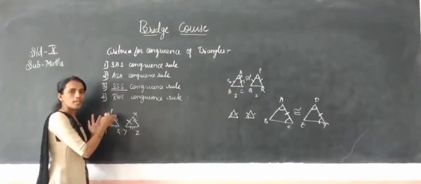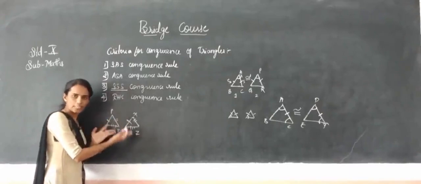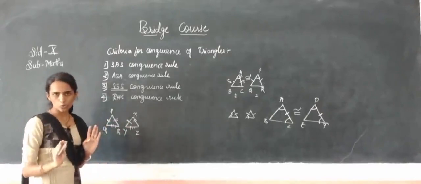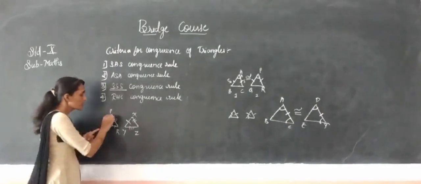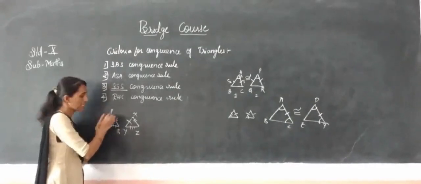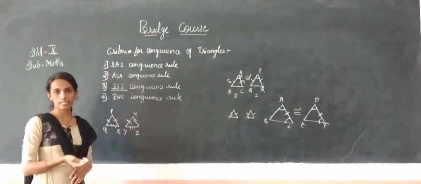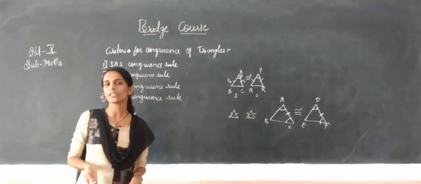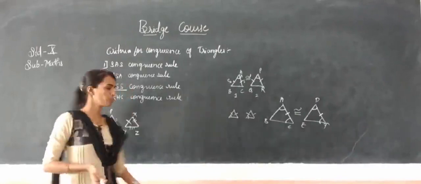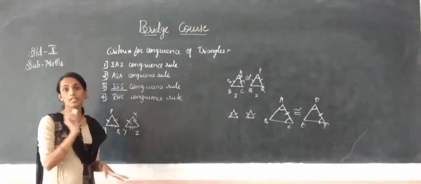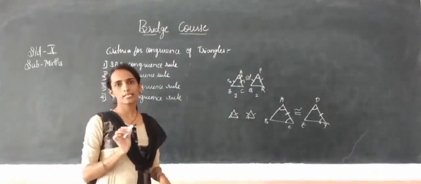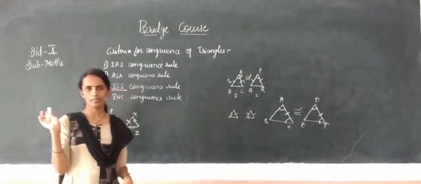Any two triangles are said to be congruent if three sides of one triangle are equal to three sides of the other triangle, and those sides must be corresponding sides. That word is most important. Three sides of one triangle are equal to the corresponding sides of the other triangle. That time we say that the two triangles are congruent.